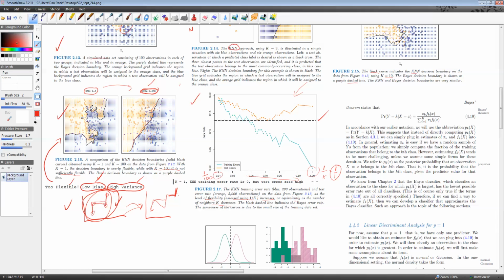Well, what we would expect to see is the training errors go down. Remember what the training errors are. That's on the data that you have. That would correspond to this particular situation, k equal to 1 over here. Low training errors.